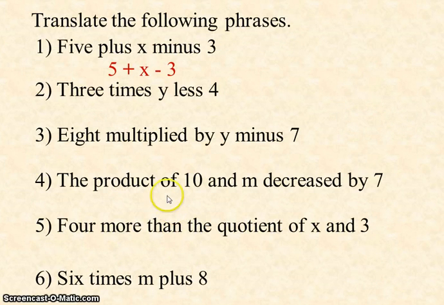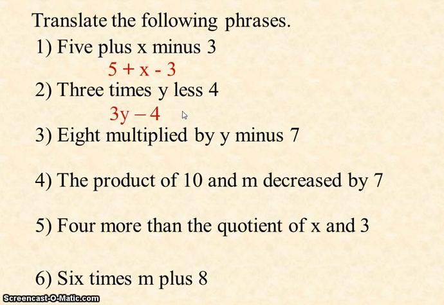Okay, so again, more practice here. So these are multi-step ones. So 5 plus x minus a number. Okay, so 5 plus x minus 3. Sorry. So 3 times y less than 4. So I would say 3y subtract means less, and then 4.